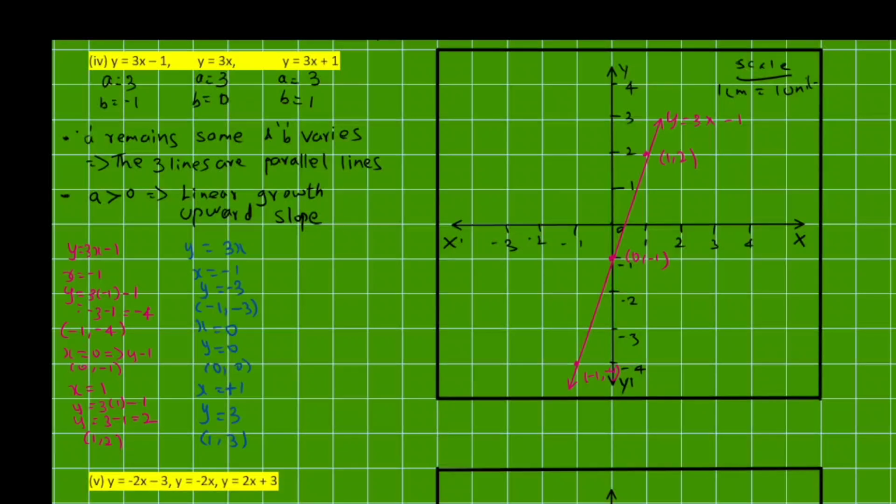So minus 1 and minus 3 is here. Minus 1 comma minus 3. Next 0 comma 0. The line passing through the origin. Then 1 comma 3. This is the point. Let's join the line.